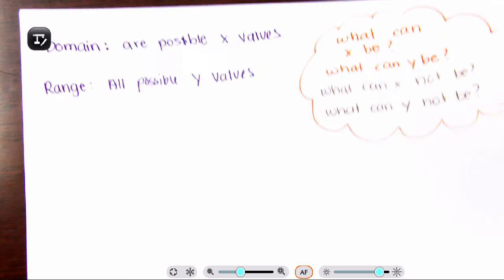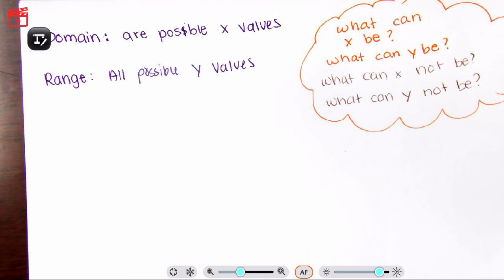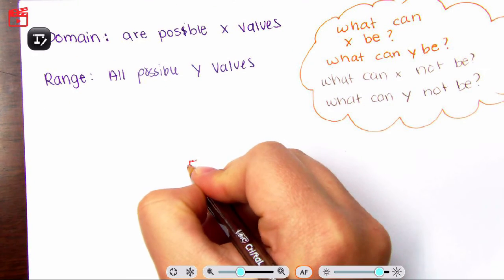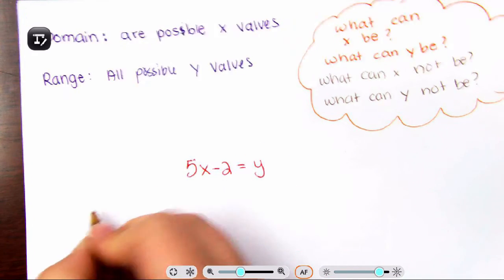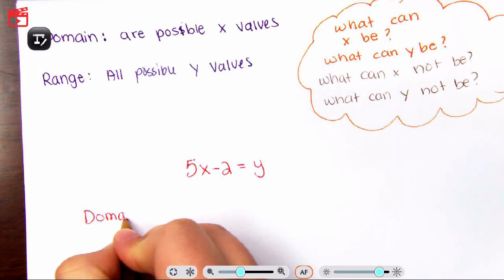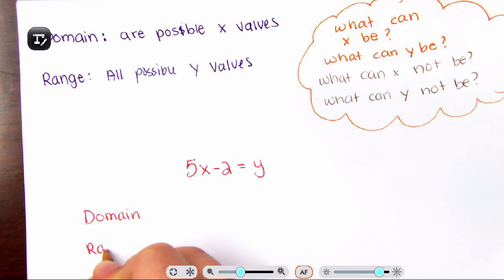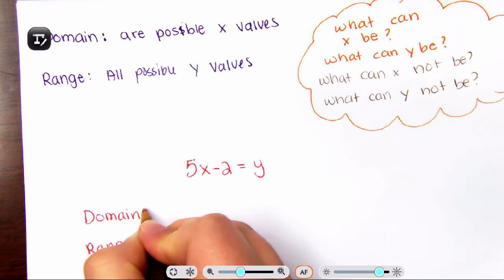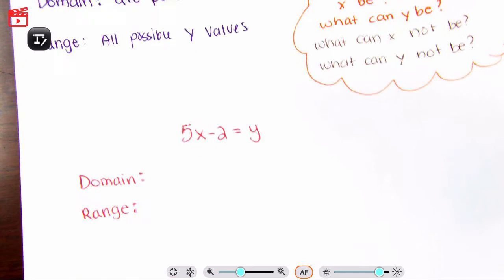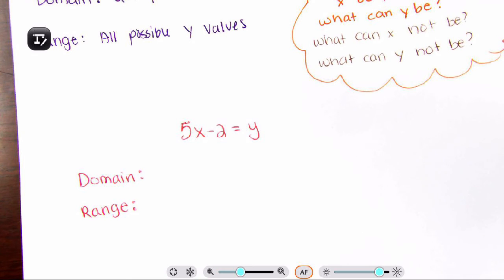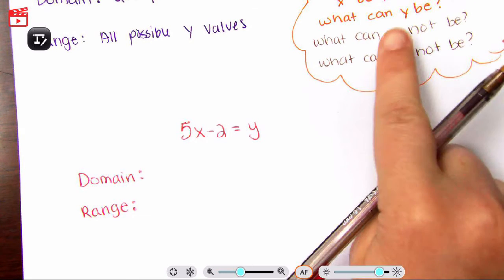Now let's do the example. Let's say we have an example of 5x minus 2 is equal to y. And they're asking us, tell me what the domain is. Tell me what the range is. So when you are telling us what the domain and range is, you're going to ask yourself these questions.